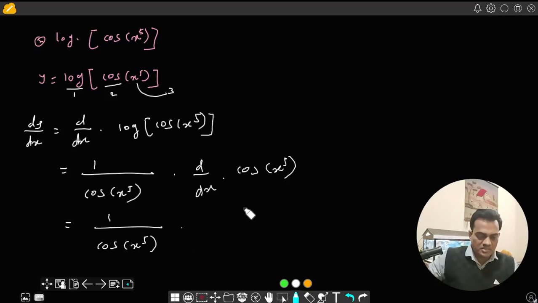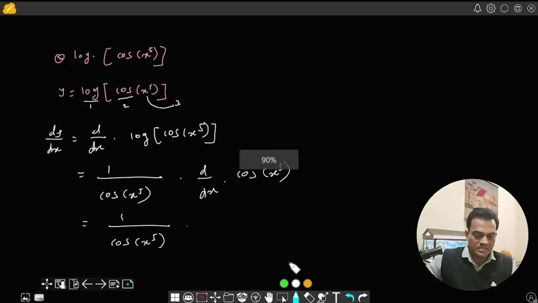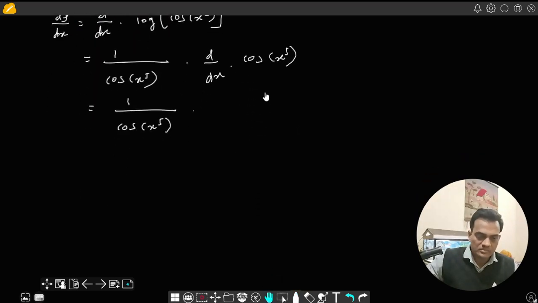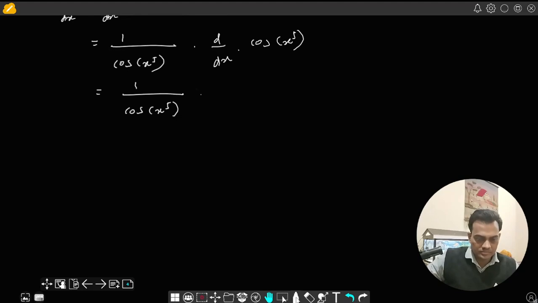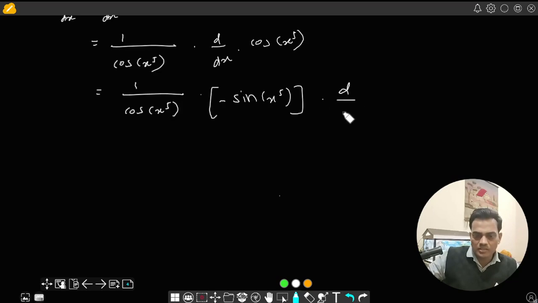The derivative of cos is sine, but with a minus sign. Okay, the derivative of cos is sine, so it is sine of x raised to 5, and again I have to find out the derivative of x raised to 5.